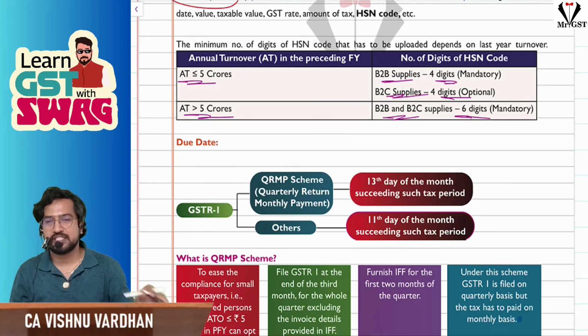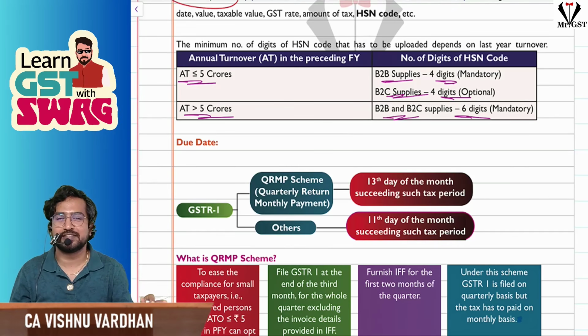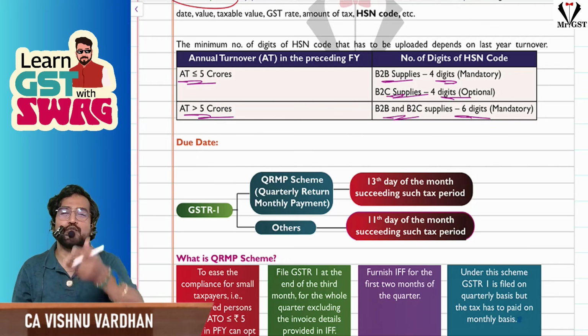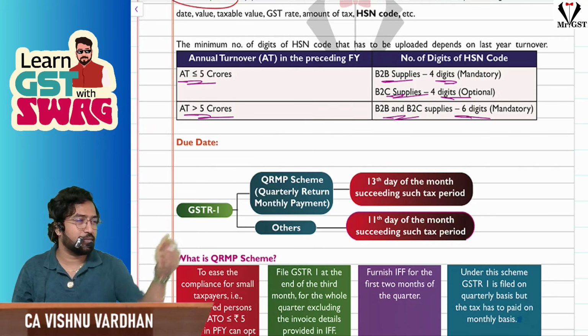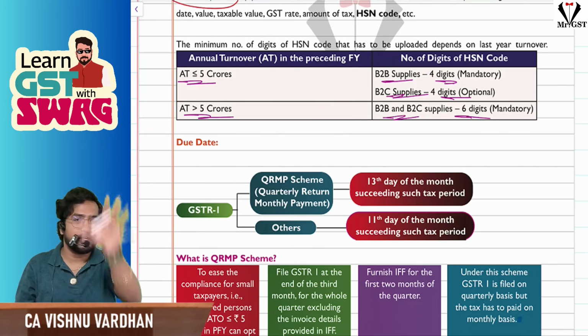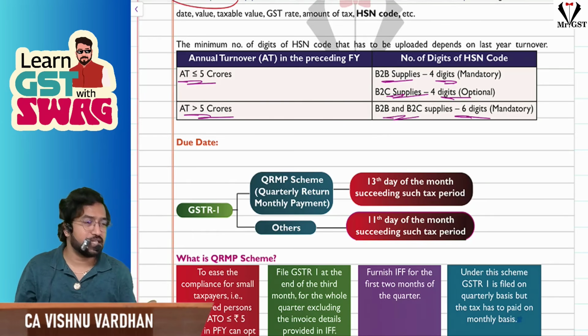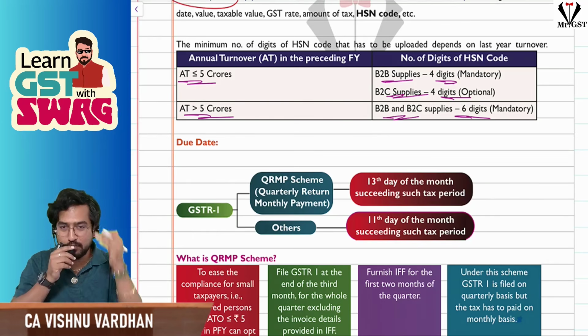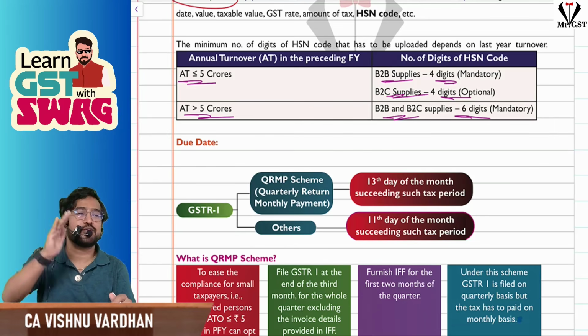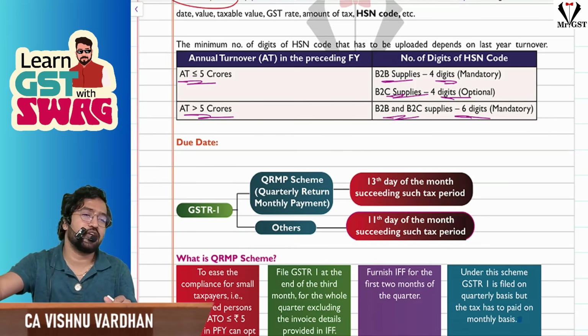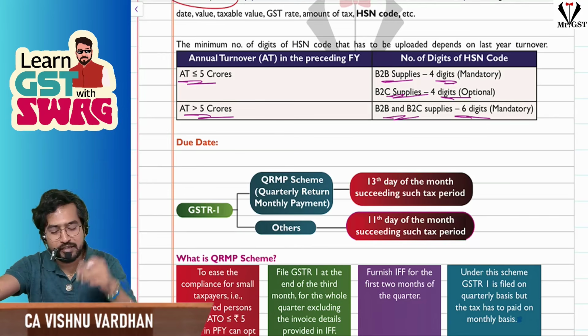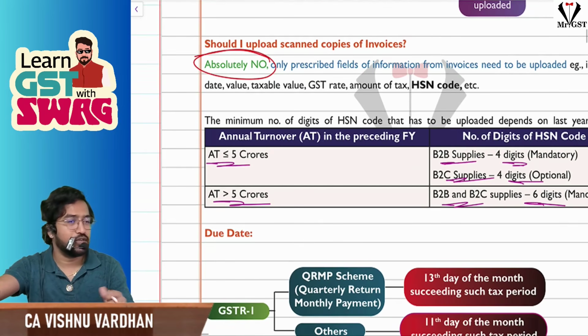Tax invoice, section 31, Rule 46, particulars of tax invoice. We have seen HSN code, serial number maximum 16 characters, all that. Below that we have seen a relaxation. HSN code: aggregate turnover exceeding 5 crores, 6 digits mandatory. If it is less than or equal to 5 crores, 4 digits.